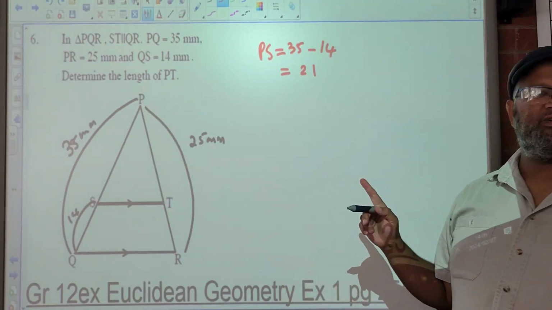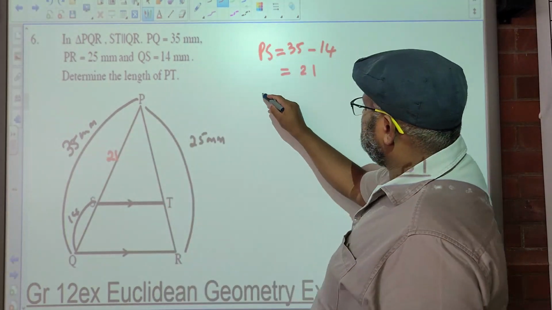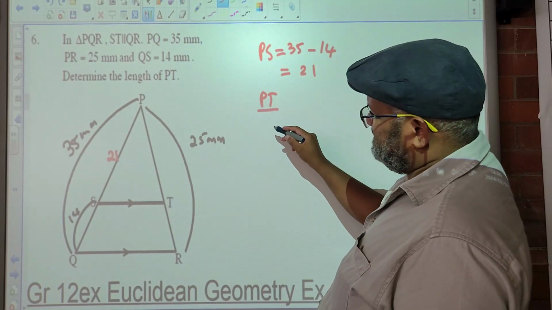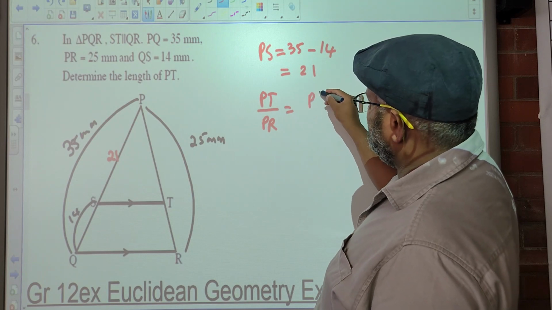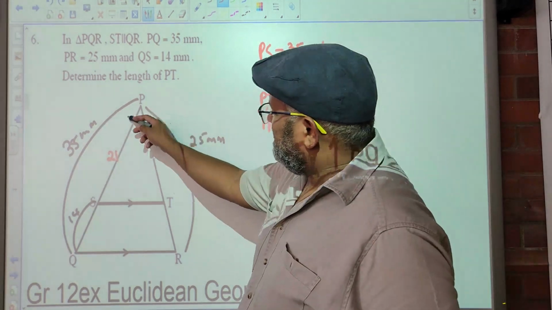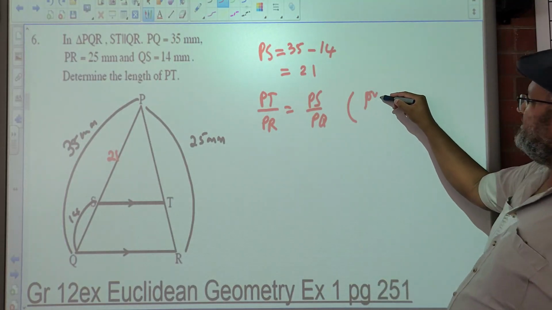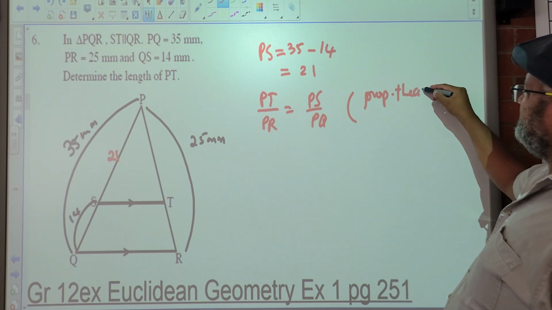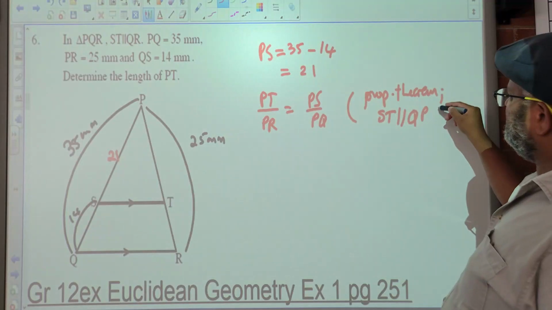Do I need a reason? No. So now I say PT over PR is equal to PS over PQ. Why? The proportionality theorem, with ST being parallel to QR.